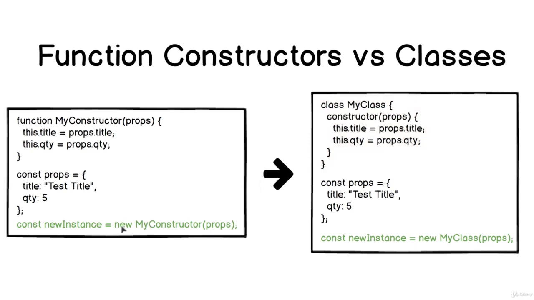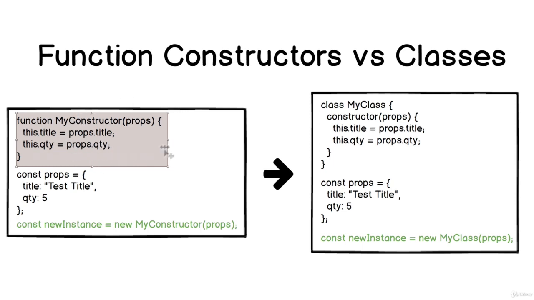And those instances that you create using the myConstructor function here or myClass here will be in fact equal. They will have two own properties, title and quantity, they will not have any methods, and their __proto__ property will point to the same object.